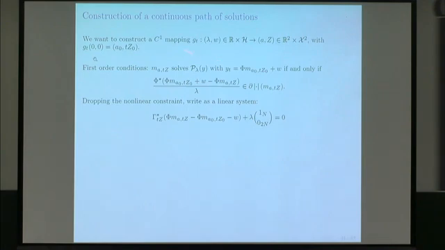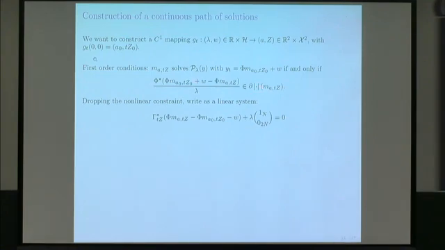And to construct this C1 mapping, what we did is that first, if we simply consider the first order conditions of our BLASSO problem, then we know that (a, z) is a solution if and only if this source condition is satisfied.